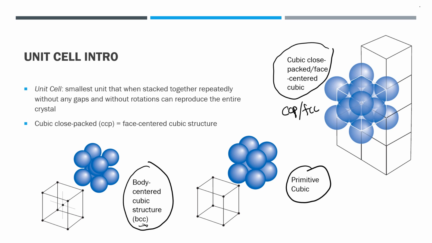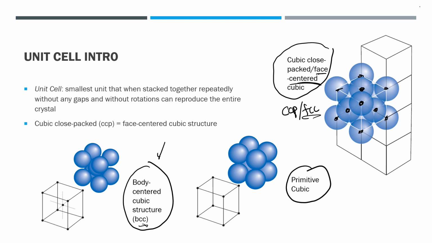So let's look at FCC first. You can see in my image we have one atom at every corner of the cube. But notice it's face-centered, so we have an atom at the center of every face, and you can see that drawn in. Now we also have BCC, body-centered cubic.